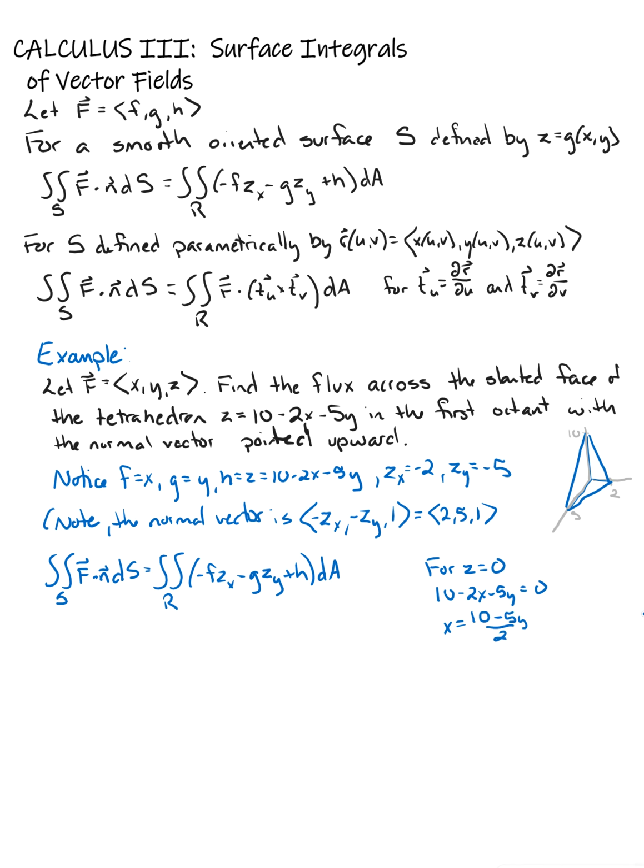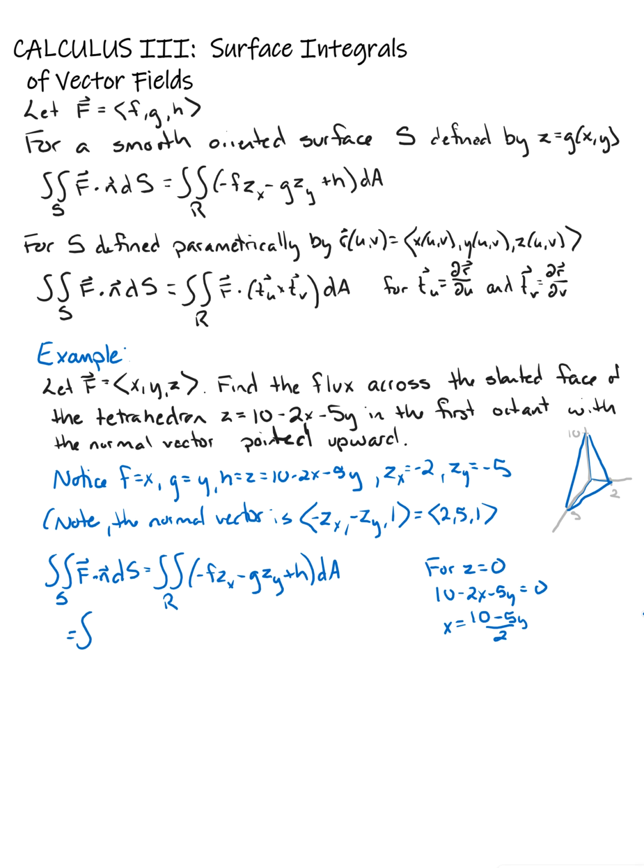So that tells us that x is going from 0 up to this value in terms of y, and of course we can see that the y value will go from 0 to 2. So that tells me the order in which I want to integrate. I'm going to integrate with respect to x first because it's defined in terms of y, and then I'll integrate with respect to y.